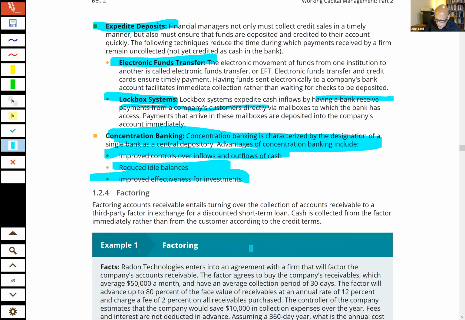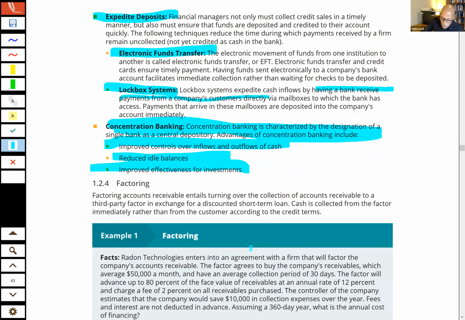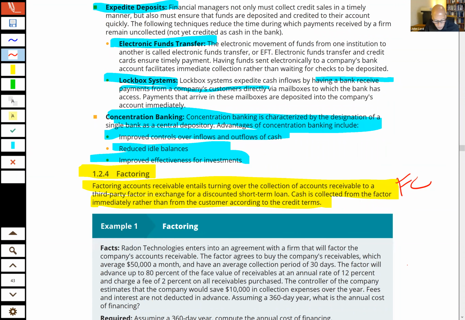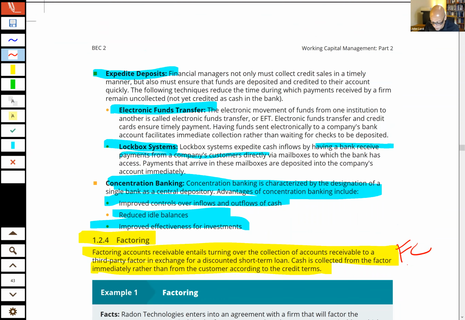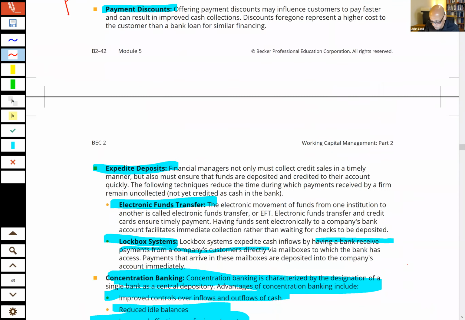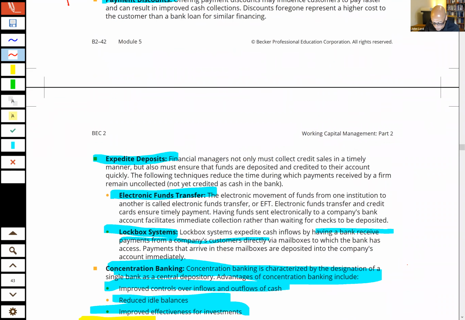Factoring is also a way of collecting cash more quickly, and we simply sell our receivables to somebody called a factor. Of course, there's always a charge for that, but you can just flashcard that factoring is a way of increasing the speed of our cash collection as well, which I guess we flashcarded all of these at a high level.